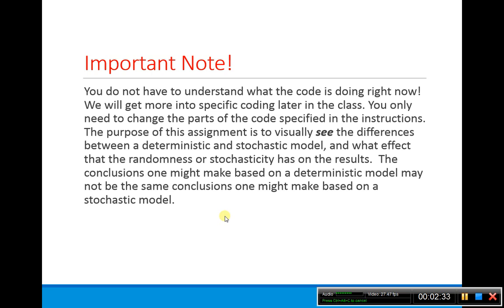The biggest thing that I want you to get out of this is to see the differences between deterministic and stochastic models. What are the differences between these two types of models? What is the result of adding randomness or stochasticity? How does that affect the results? With the deterministic model, you may have one set of results.